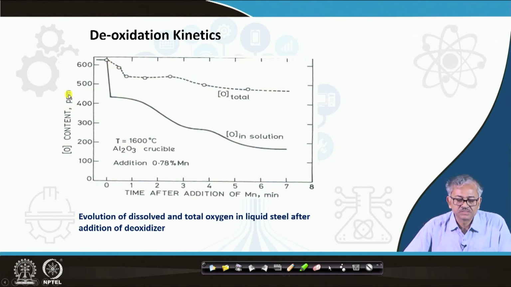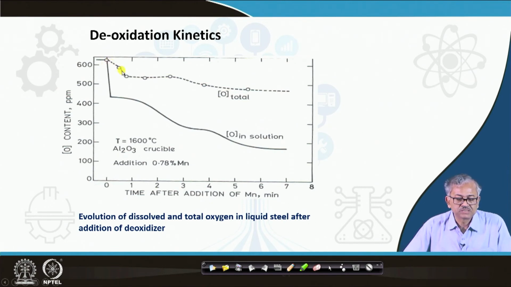measure by chemical analysis. And you can see here the dissolved oxygen goes down very fast, that is within 7 minutes it has come from more than 600 to 200 ppm. But if you see the total oxygen, it is not dropping that much.